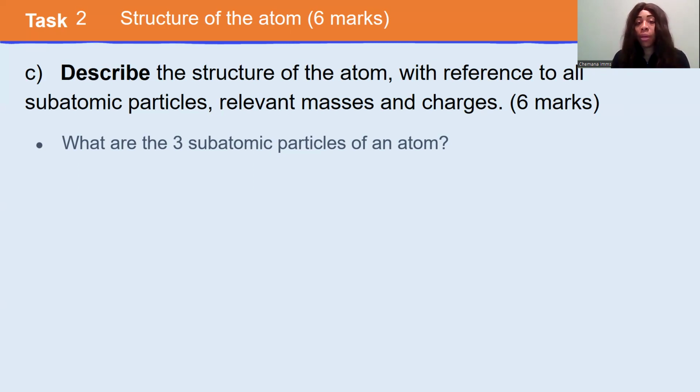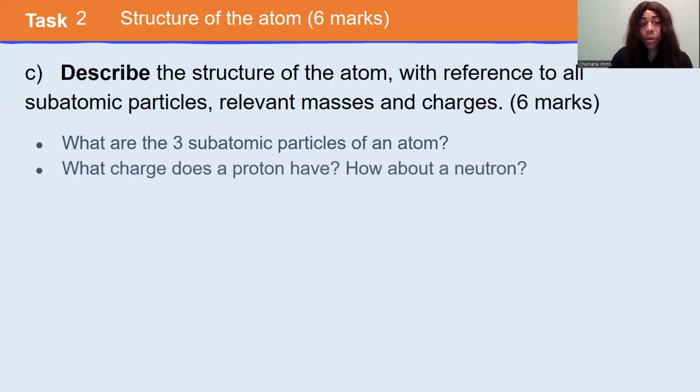So what are the 3 subatomic particles of an atom? If you can answer that in a full sentence, it will be perfect. What charge does a proton have? How about a neutron? So again, you've just completed those tables. Feel free to use those tables to enable you to answer this question. What charge does an electron have?